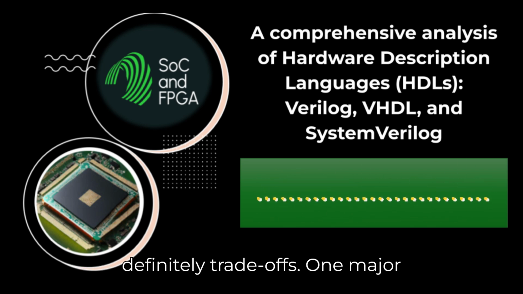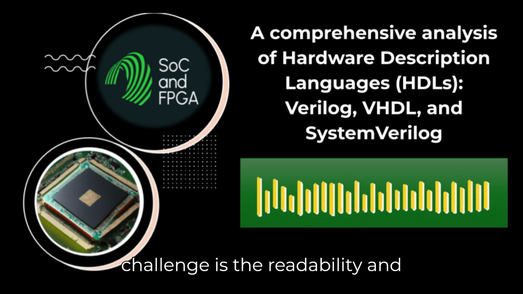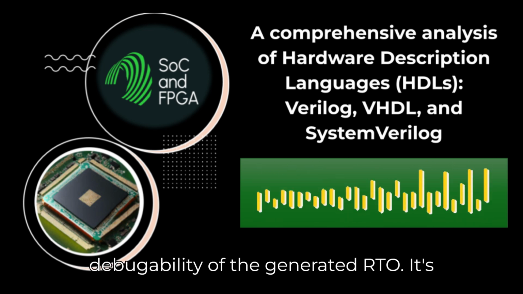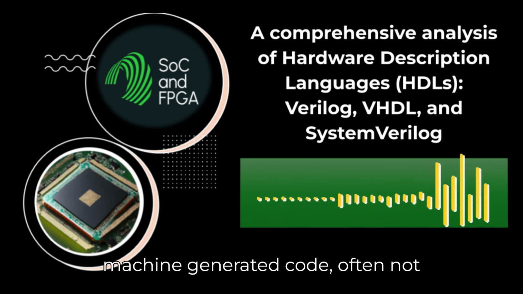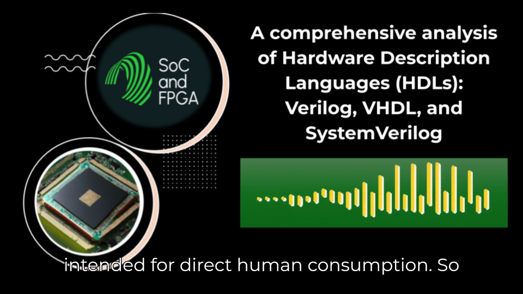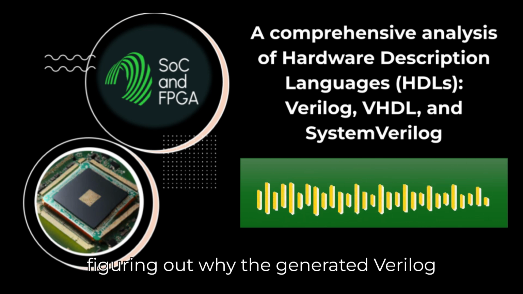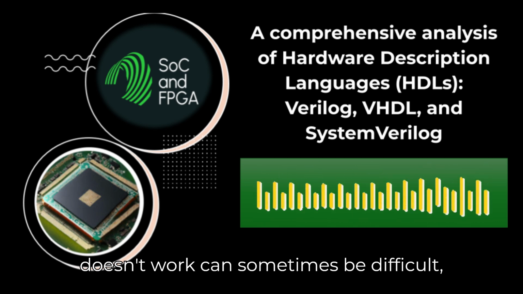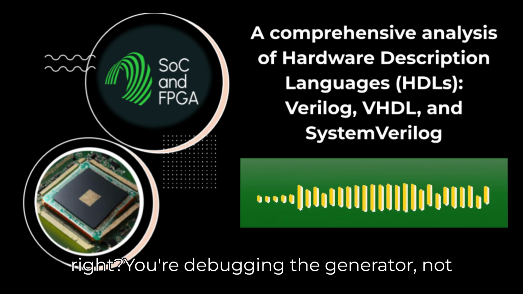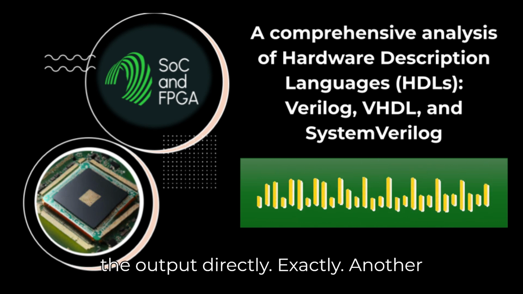There are definitely trade-offs. One major challenge is the readability and debuggability of the generated RTL. It's machine-generated code, often not intended for direct human consumption, so figuring out why the generated Verilog doesn't work can sometimes be difficult. Right, you're debugging the generator, not the output directly. Exactly.